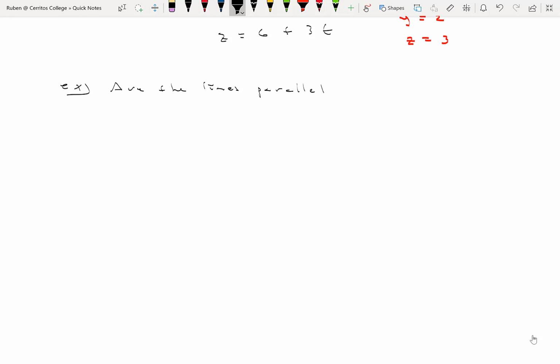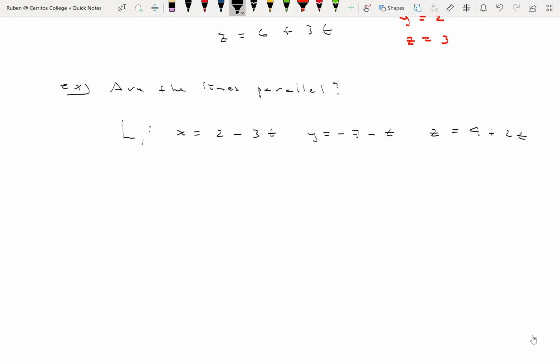I'm going to give two separate sets of equations. Let's say line 1 has equations x equals 2 minus 3t, y equals -7 take away t, and z equals 4 plus 2t.